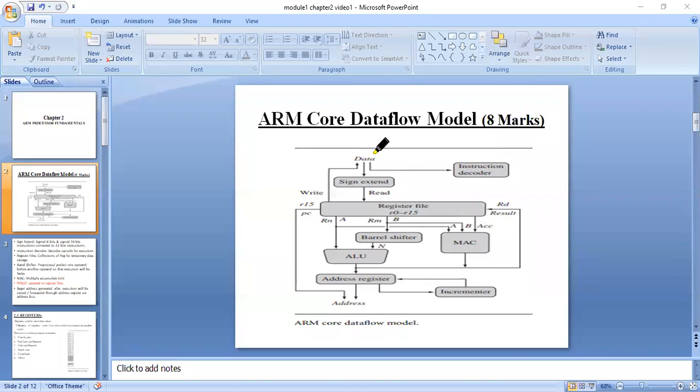Then the processor will give the instruction to the instruction decoder. What is the purpose of the instruction decoder?